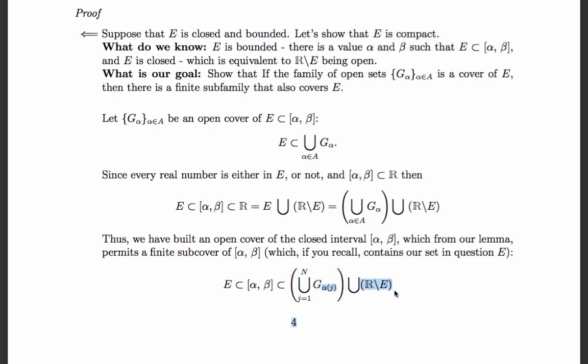This open set, the complement of E, that's not necessarily contained in my family of open sets. I need to show that I can get rid of this.